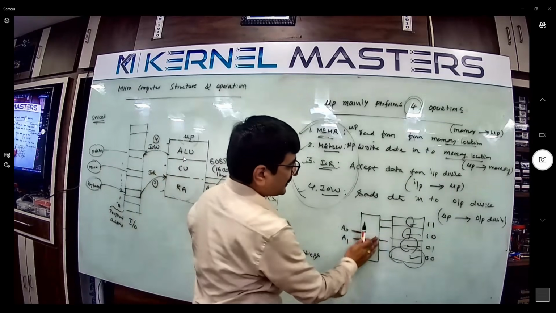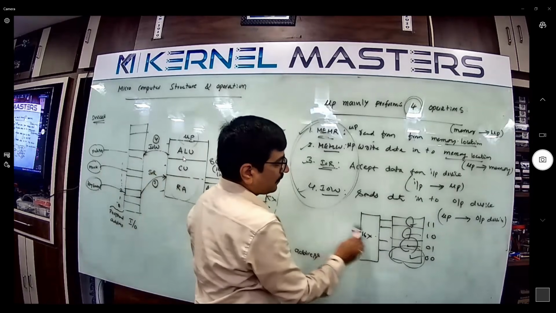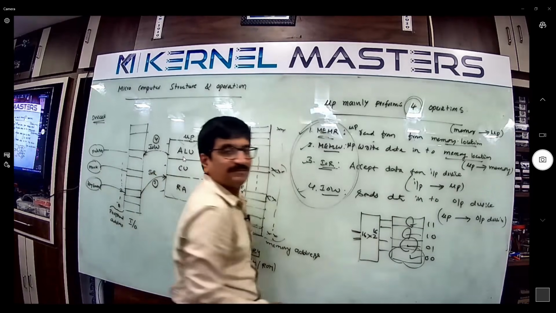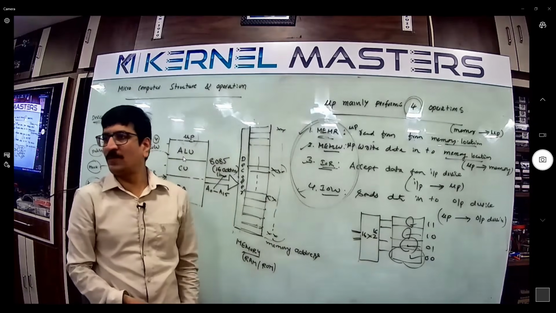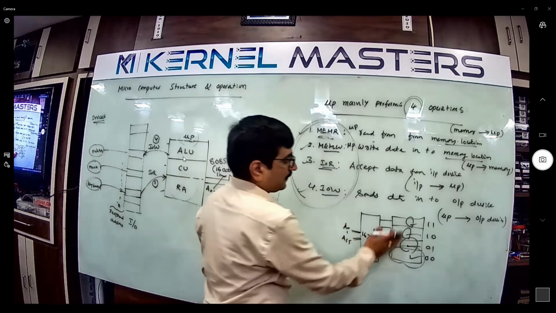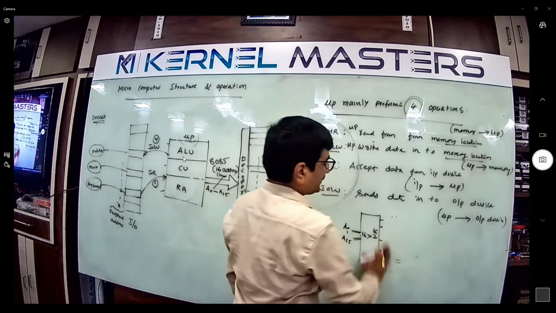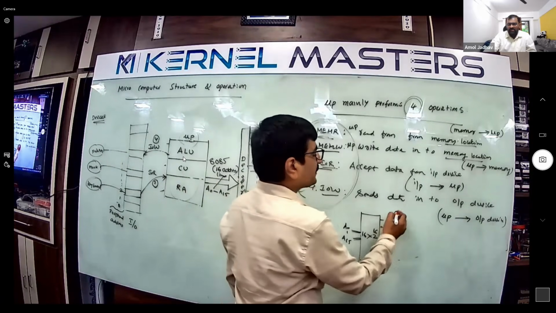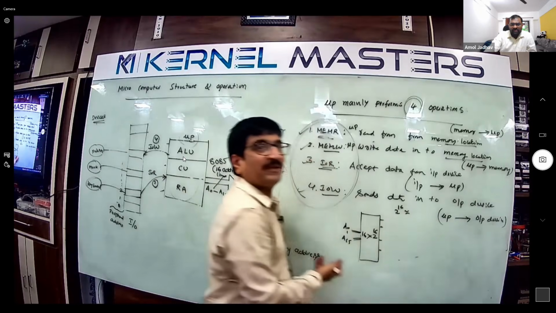Decoder output, tell me: 2 power 16. Inputs are A0 to A15, decoder outputs are 2 power 16, approximately 65,536.